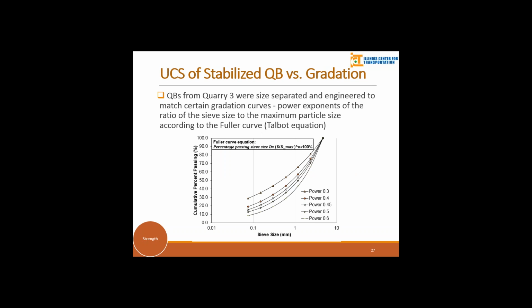We used quarry byproducts from Quarry 3 and size separated them and engineered them to match certain gradation curves. For example, we have altogether 5 gradation curves from the equation shown on the figure here. So we use the Quarry 3 quarry byproduct to match these curves.